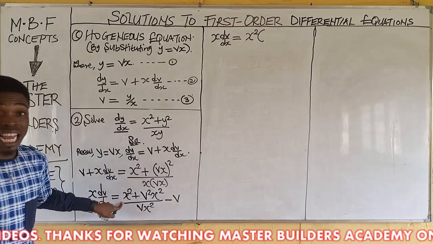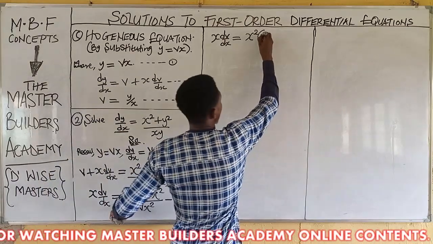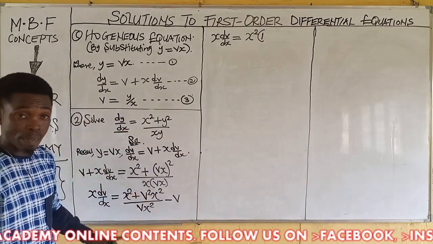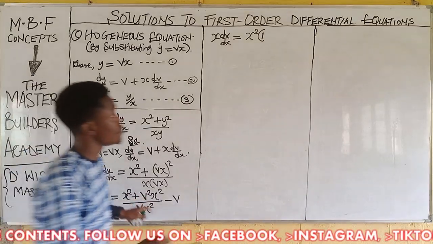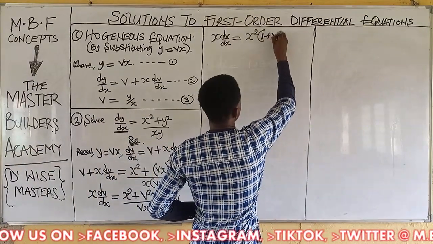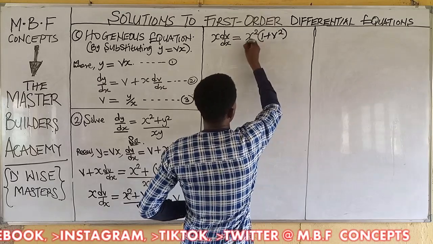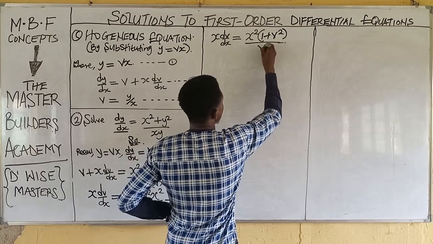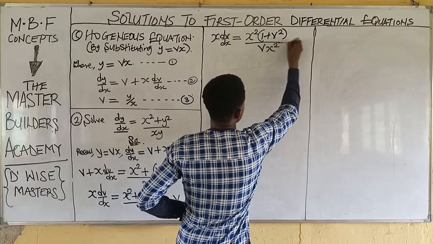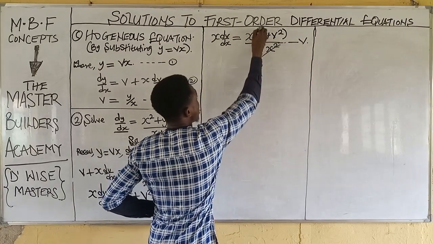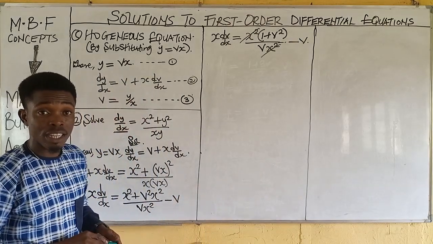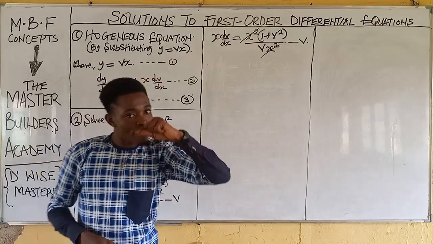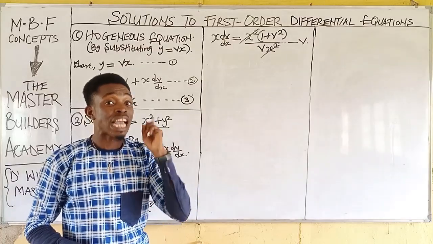Now x squared divided by x squared will give us 1, and v squared x squared divided by x squared, we are going to be left with v squared. We have this as plus v squared all over vx squared minus v. Now x squared takes care of x squared. Don't forget the rule that this x at the right hand side must completely eliminate each other.